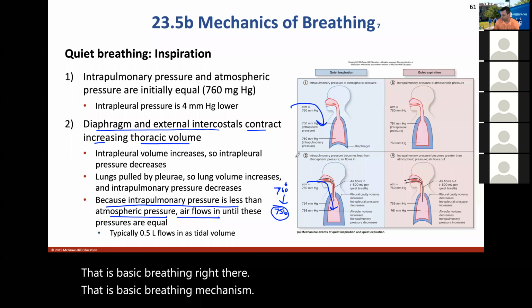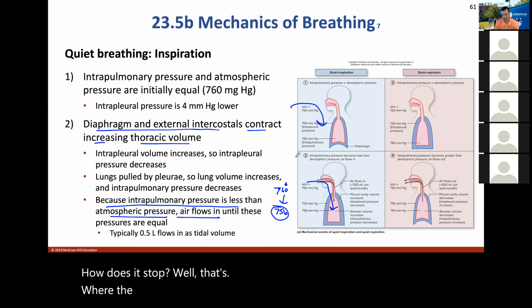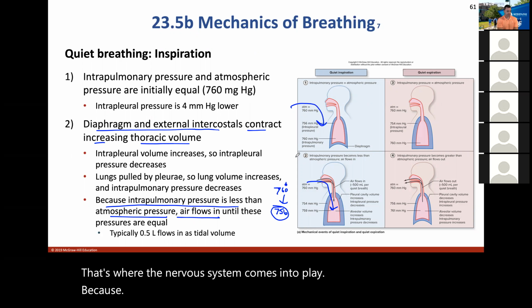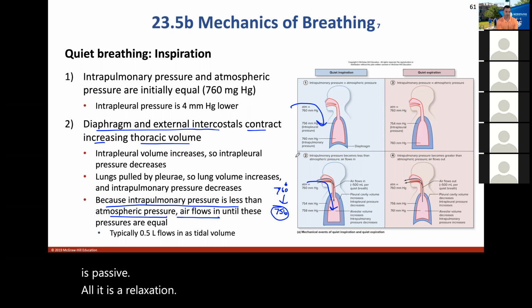How does it stop? Well, that's where the nervous system comes into play. Because exhalation is passive. All it is is a relaxation of the diaphragm and of the external intercostals. And what does that do?